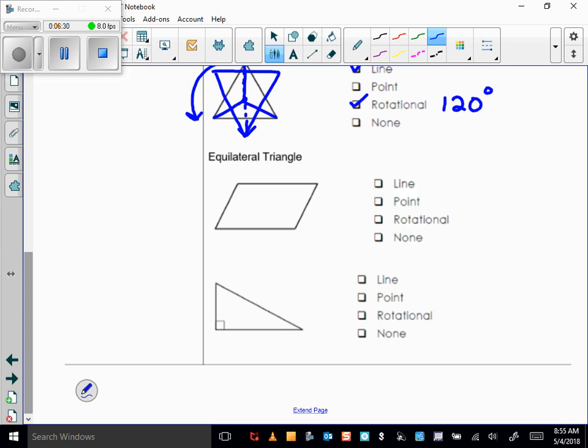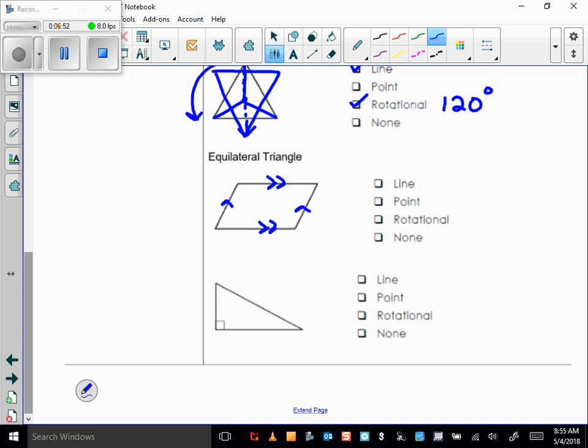How about this parallelogram? It's not really marked, but we have to do that to show that it's a parallelogram. Okay, line symmetry. Do we have line symmetry? Actually, we don't. There's no line that I can draw through this parallelogram for which if I fold it, the image is going to map onto itself.